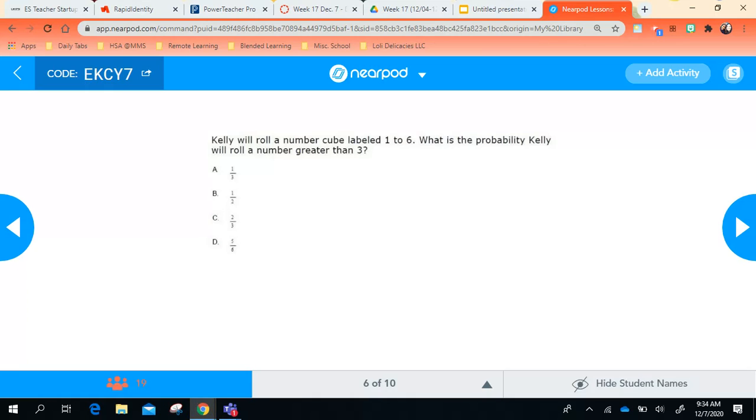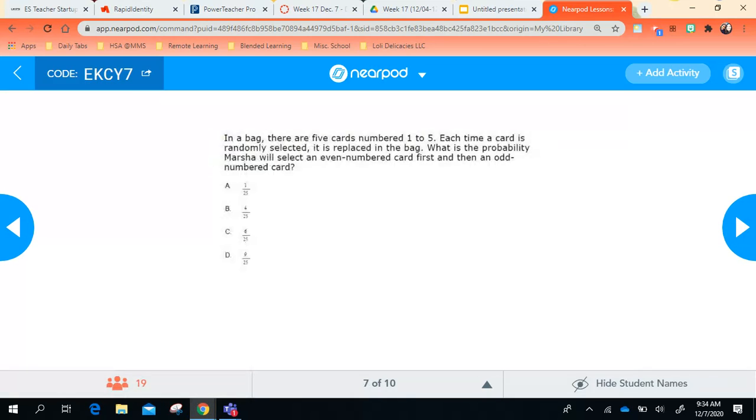Let's look at number 2. Okay, so this one is a little different. This one, I want you to write it down in your notebook. So that first one was a let's-get-warmed-up problem. Write all the words in your notebook. I'm going to go ahead and start reading it.